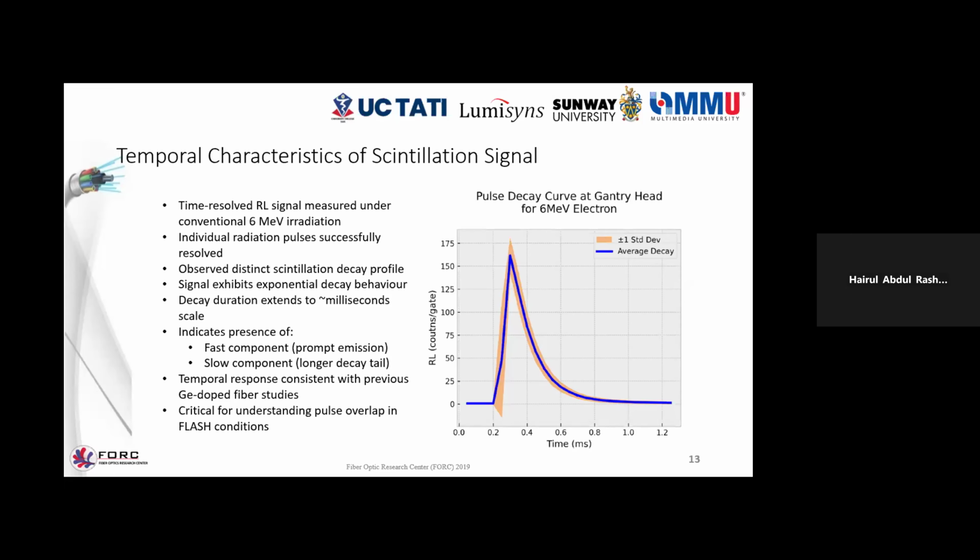This indicates the presence of both fast and slow components: the prompt emission being the fast component, and the longer decay tail the slower component. This temporal response is consistent with our previous measurements in earlier studies using the same dosimeter, the germanium-doped optical fiber.